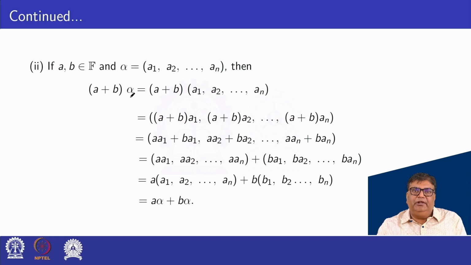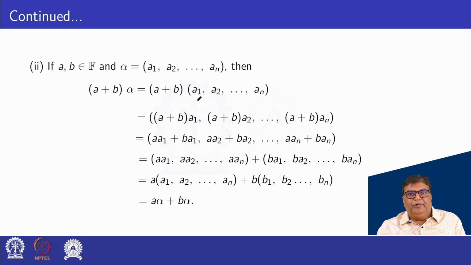(a + b) into alpha, that is (a + b) into the n-tuple (a1, a2, and so on, an). Since a + b is a scalar, we can multiply it with all members of the n-tuple.